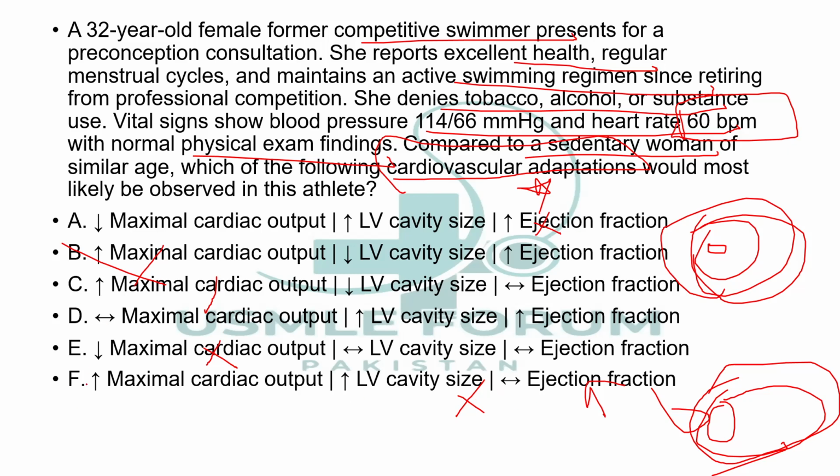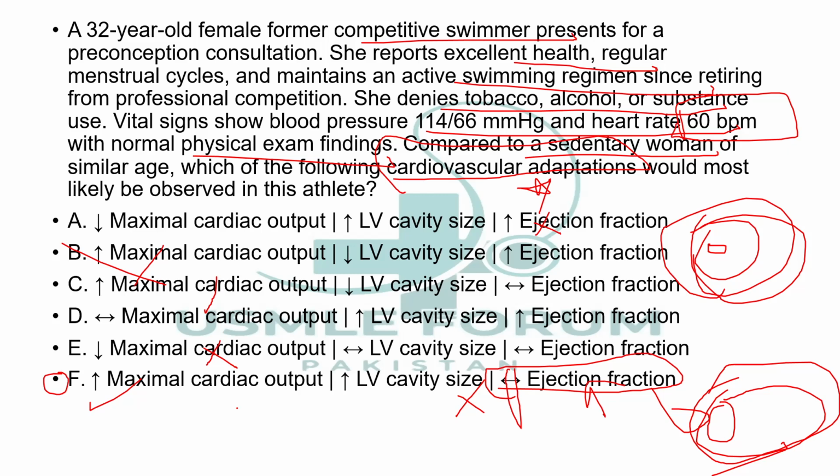Forgive us. So this should be the correct answer because the ejection fraction would remain the same, right? And the maximal cardiac output increases. This is correct. The function of the adaptation was to increase the output, and it has done so.